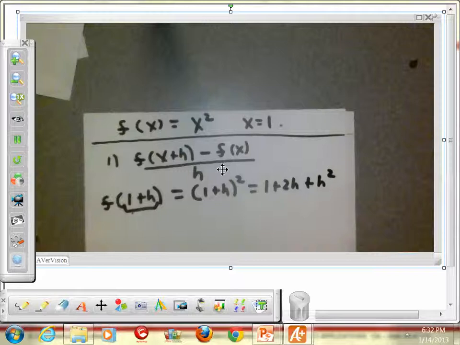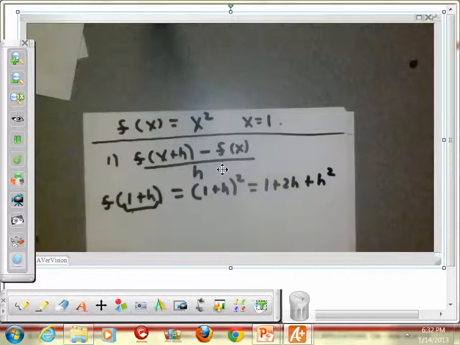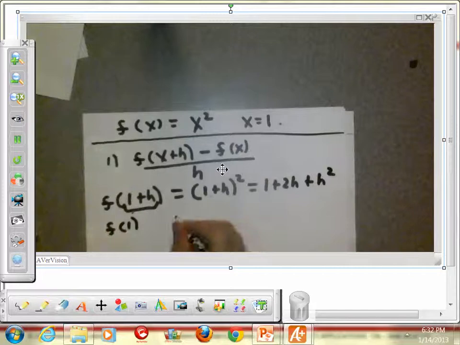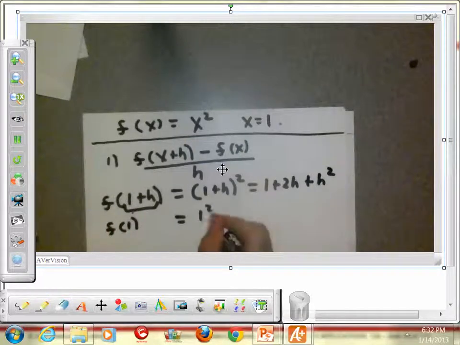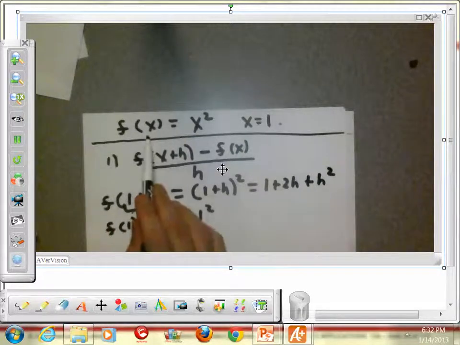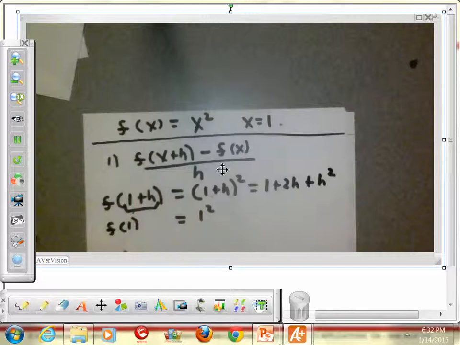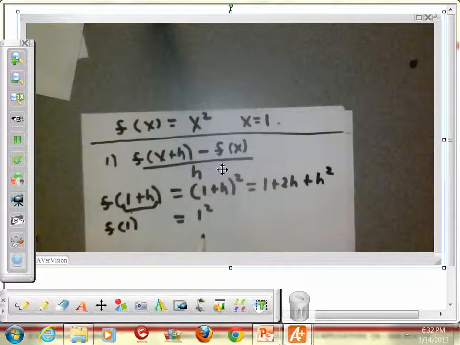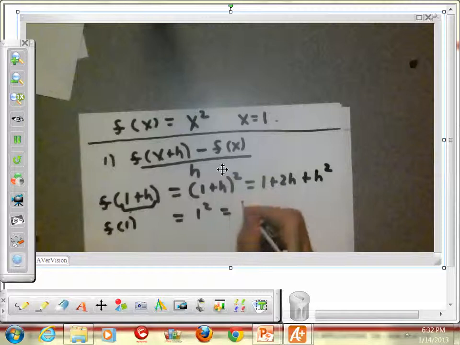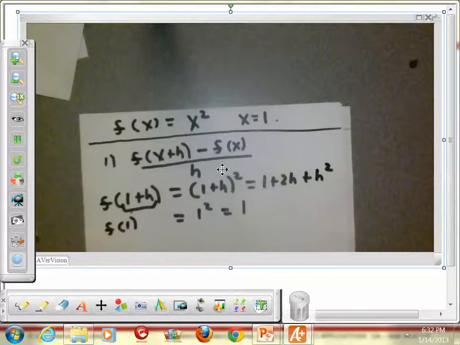Okay? The next term I need is f of x. Well, x is 1, so this is just f of 1. F of 1 is just 1 squared, because the directions say square whatever's in parentheses. What's in parentheses? 1, so I square the 1, and I just get 1. So let's rewrite the above.